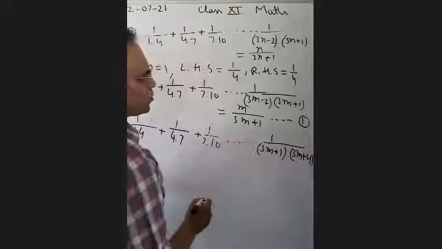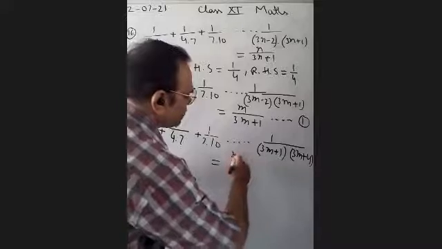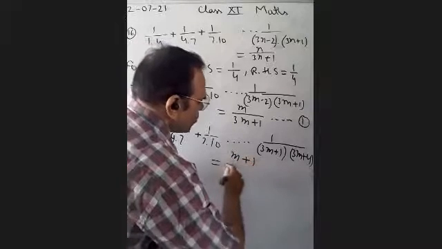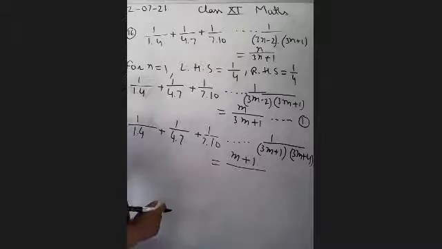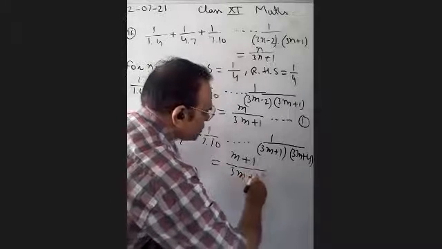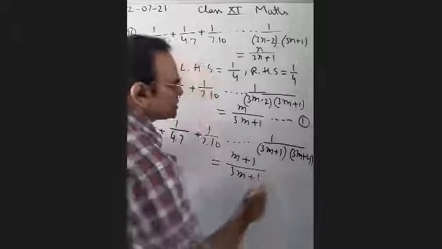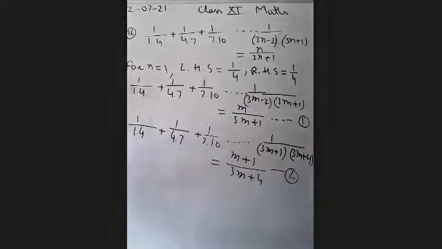So we have to prove the sum should be equal to m plus 1 upon, divided by, if we write in place of m plus 1, this will be equal to 3m plus 4. यानी कि we have to prove this relation, that is equation number 2. From equation 1, by using the relation of equation 1, we have to prove the equation 2.